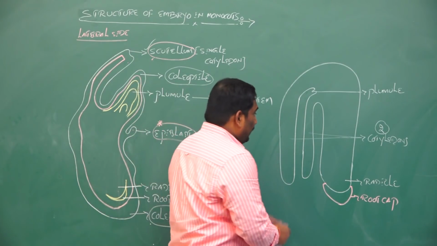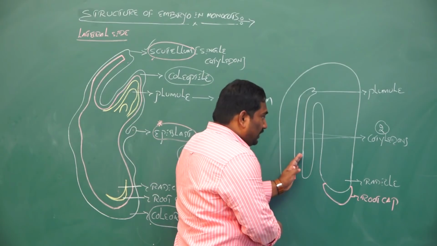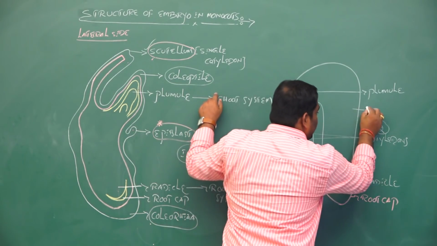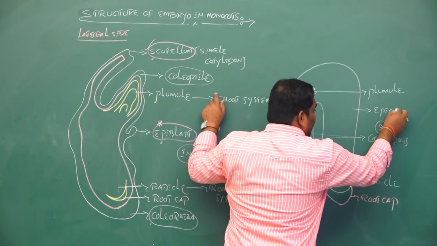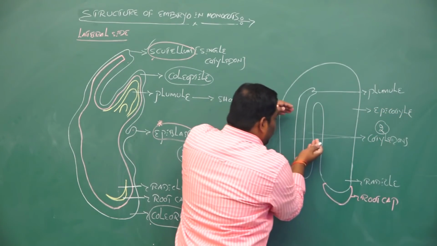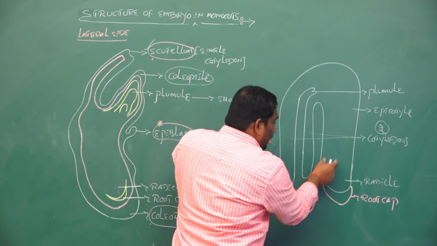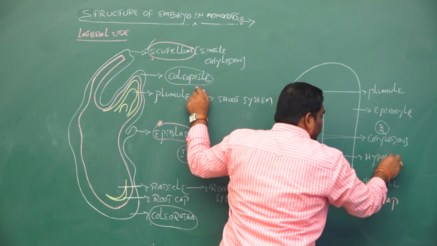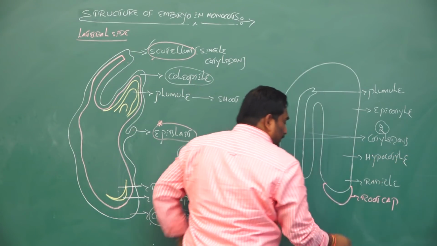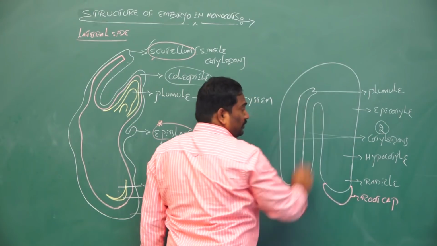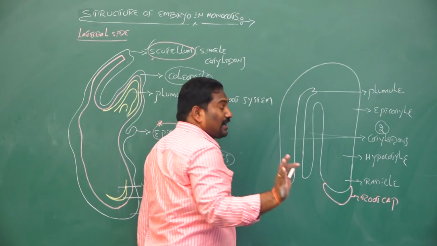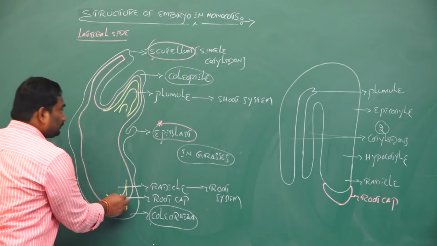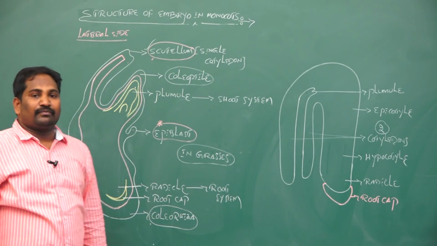And one more thing: in the embryonal axis of the dicotyledon embryo, the region above the two cotyledons is called the epicotyl, and the cylindrical portion below the cotyledons is called the hypocotyl. But the root and shoot, radicle and plumule, are not surrounded by coleorhiza and coleoptile, which we see in the monocotyledon embryo.